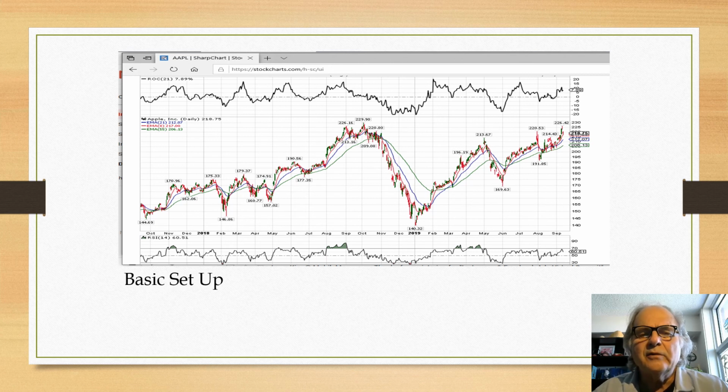This sort of charting is available to you absolutely free on the internet. This is actually stockcharts.com. You can get this from your investment account platform, and my setup is very basic, and I keep it basic so that these tools are available pretty much with 100% of the platforms.